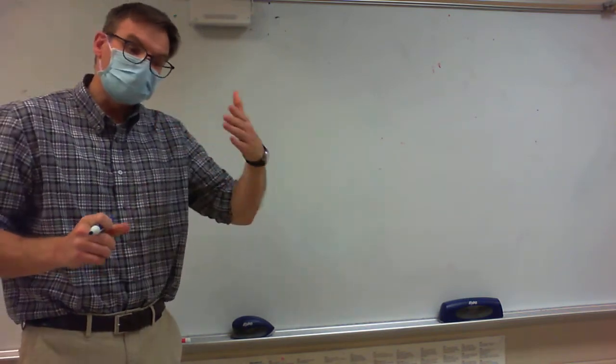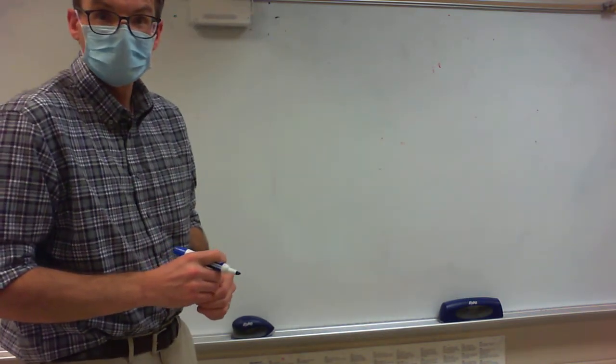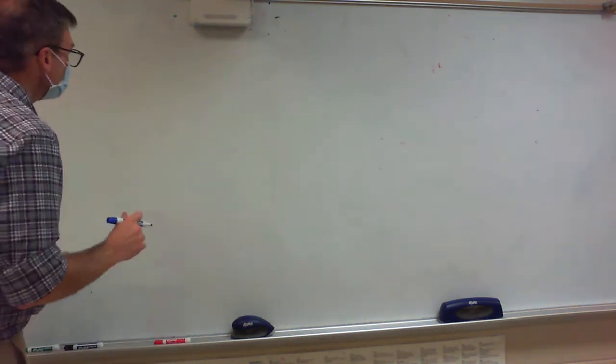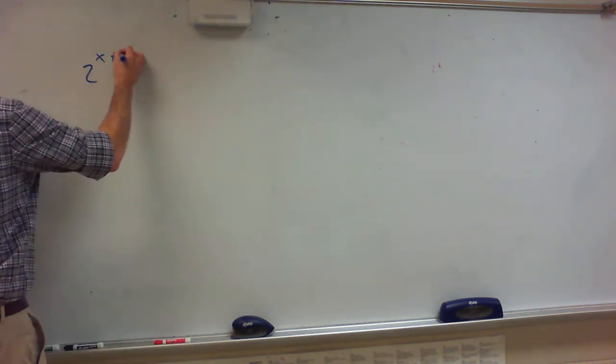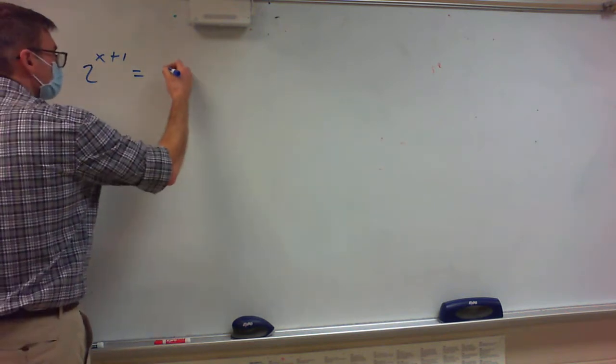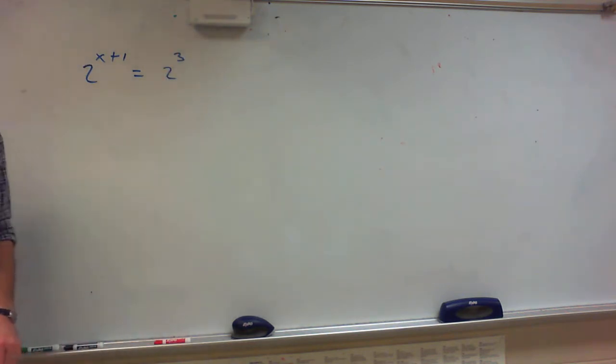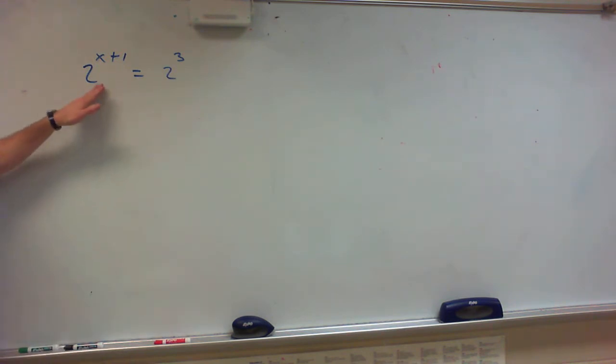And we're going to start off with something really basic. If I give you 2 to the x plus 1 is equal to 2 to the third, this is an example of an exponential equation, because there is a variable in the exponent.